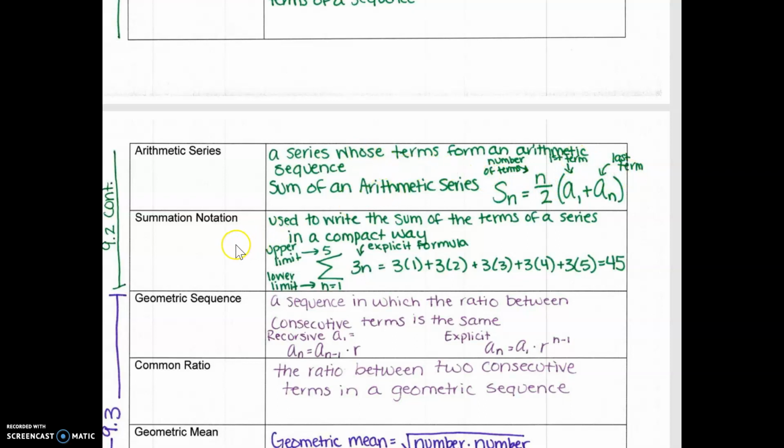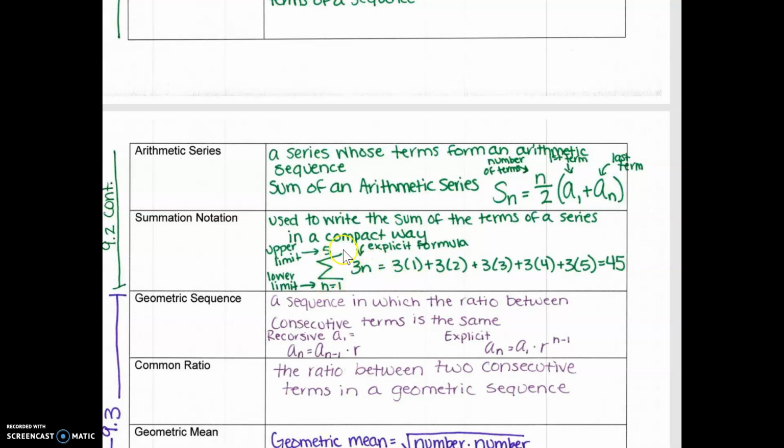Then one thing is, a lot of the problems you're going to be seeing are in a new form that you haven't seen before, and that's called summation notation. So it's this big sigma, this E right here, and then the upper limit, which is just how many terms there are, and then the lower limit, meaning this is where it starts.